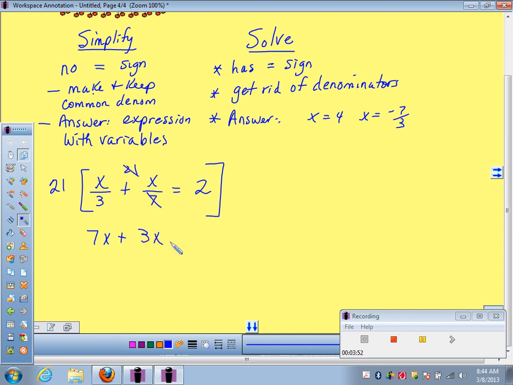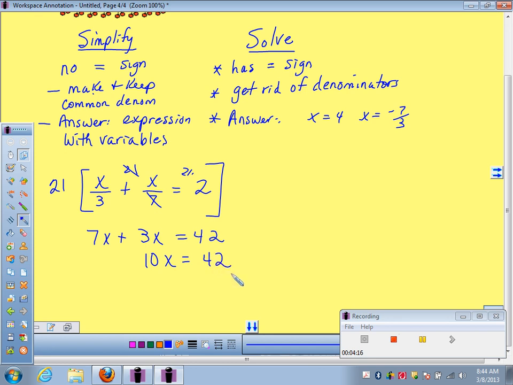And then, did you have to take it times the 2? Yes, you do. You have to take it times every term, whether it's a fraction or not. So 21 times that gives 42. We're working with fractions. Seriously, you think you're going to get non-fraction answers very often? It happens occasionally, but you're going to see a lot of fractions.